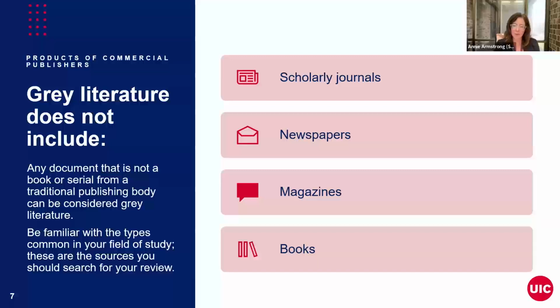If they're published by an academic or commercial publisher, they are not technically gray literature. That doesn't mean you could not have a rationale for including them, depending on the goal of your research. But these are not part of what's officially termed gray literature. And then also books or book chapters.